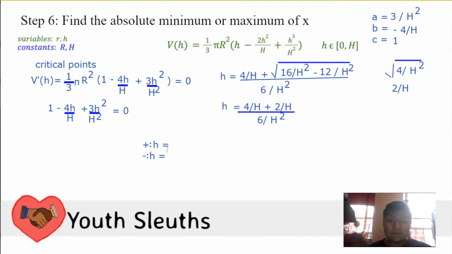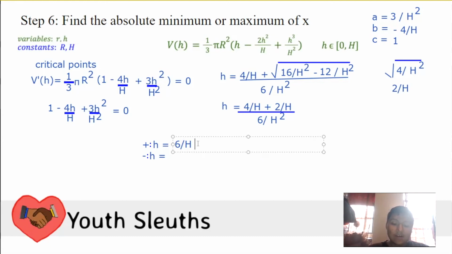So we start with the first one where we're adding. So we have 4 over H plus 2 over H. That would be 6 over H. So we'd have 6 over H, and then we're dividing by 6 over big H squared. So dividing, we actually multiply the reciprocal.